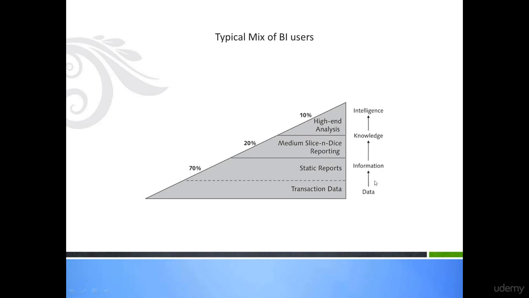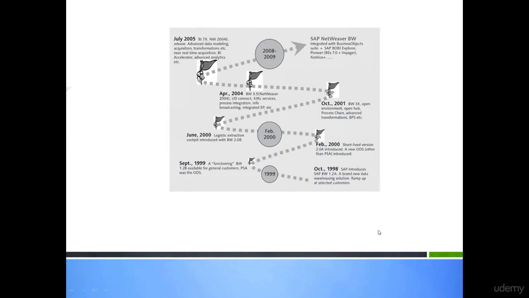So the path goes from data to information, to knowledge, and then intelligence. Intelligence is mostly viewed or analyzed by top-level business people. Okay, this is the typical mix of BI users, right?